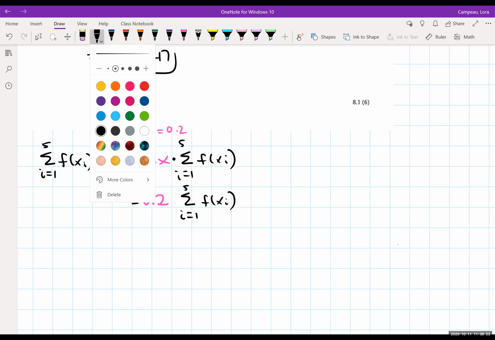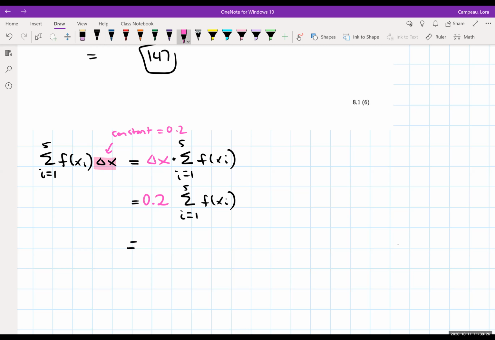So what we're looking at, I have 0.2. And summation notation would be telling me I'm going to take all of this f of x of i, and all we're simply doing is, no, we still have to plug in f of x of i, so give me 1 second.